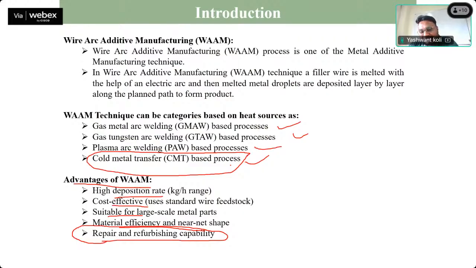We don't want to discard those blades, so we can go for repairing and refurbishing. So CMT with WAM helps in these repair and refurbishing capabilities, so that we can reuse that blade for other processes also.